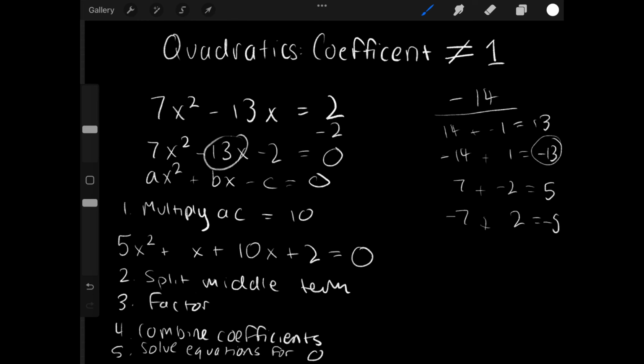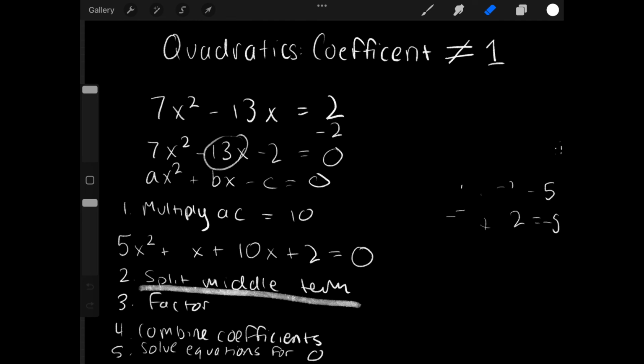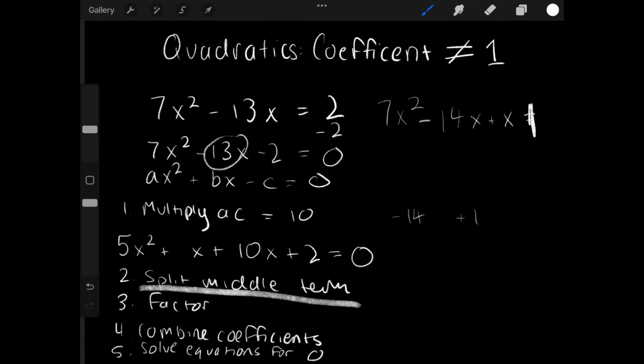So we're now going to split the middle term. Okay, so 7x squared, and just to remind us, our terms were -14 and +1. So 7x squared minus 14x plus x minus 2 is equal to 0.